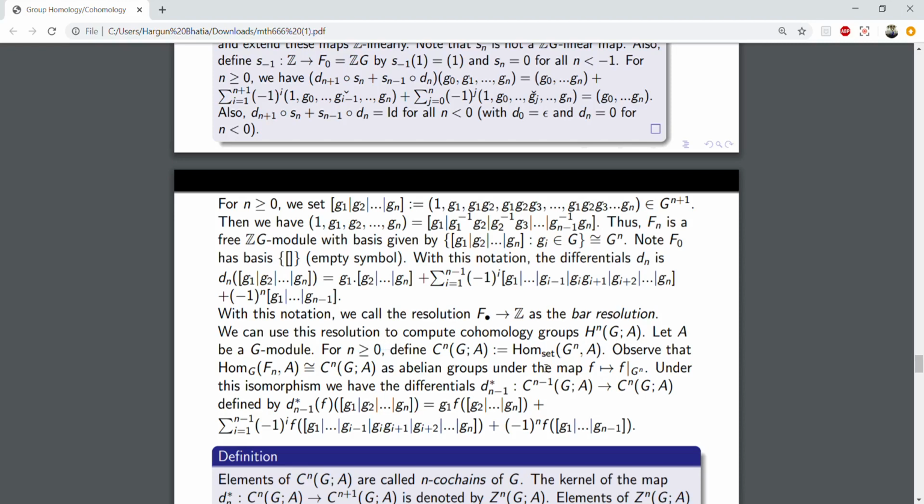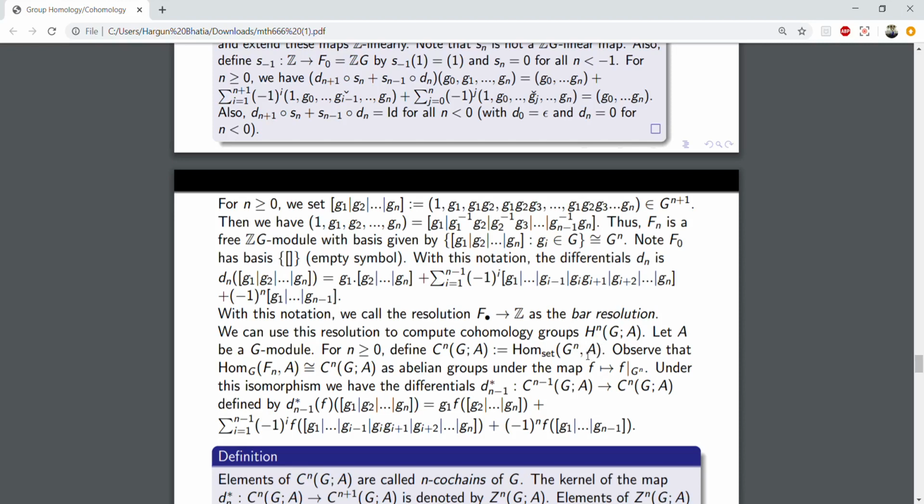So we define C^n(G,A) to be the set maps, all functions essentially from G to the n, the n-tuple of G, to A. Of course, this has the structure of an abelian group. Why? Because A is an abelian group. I mean, A is a G module.